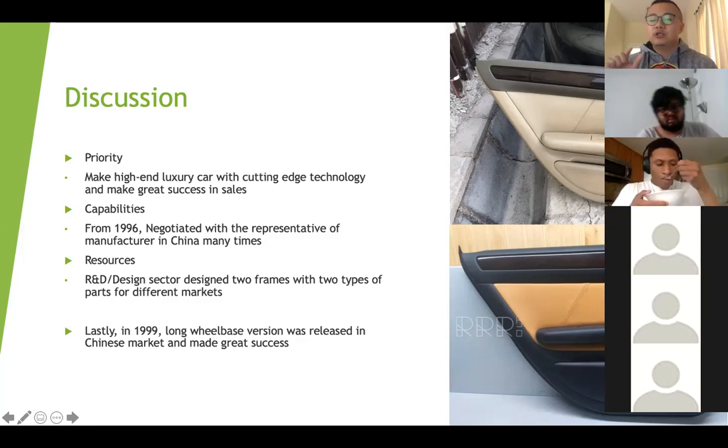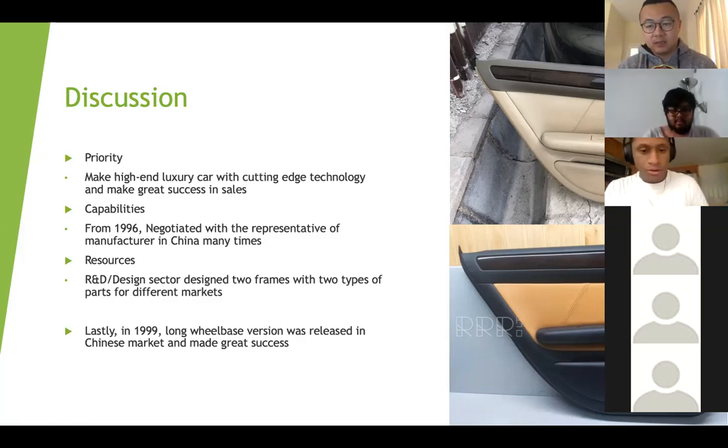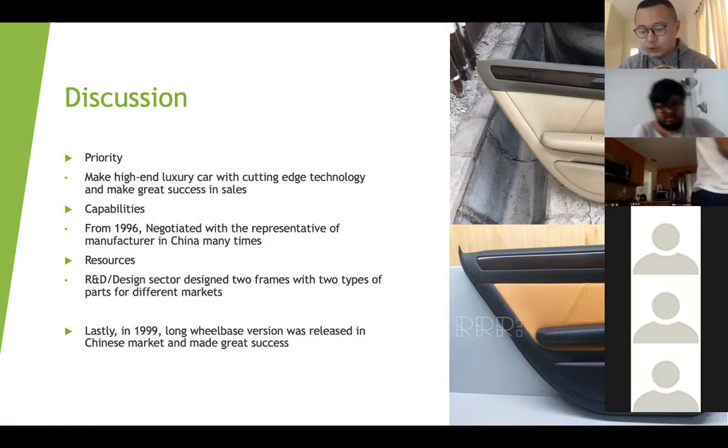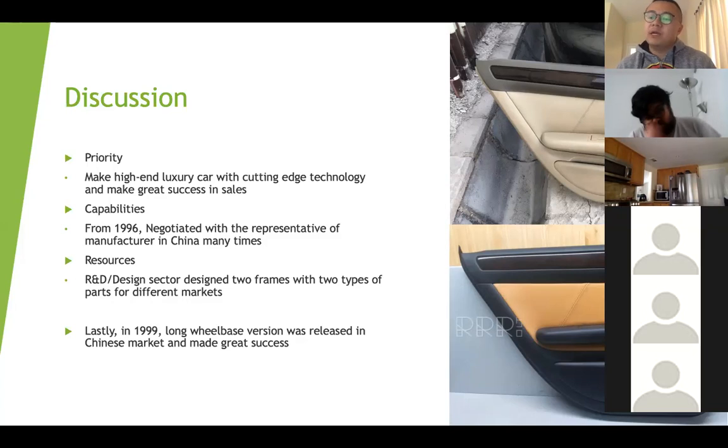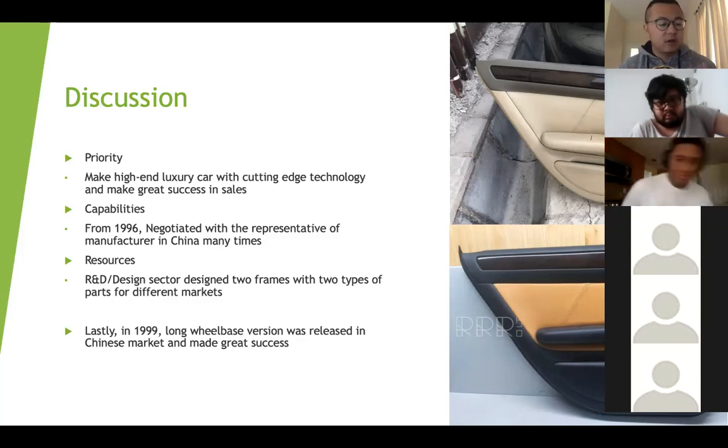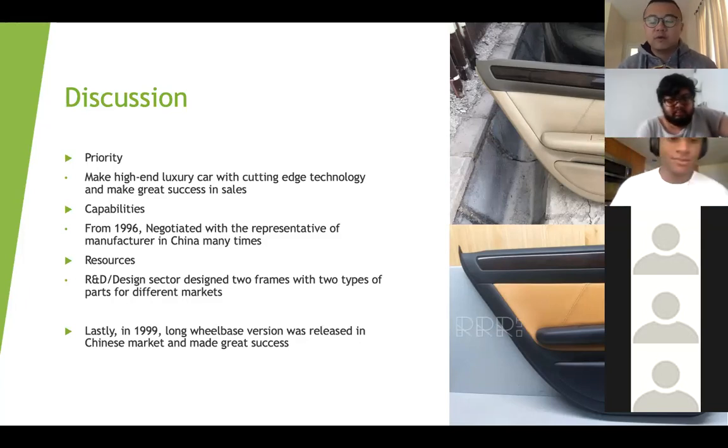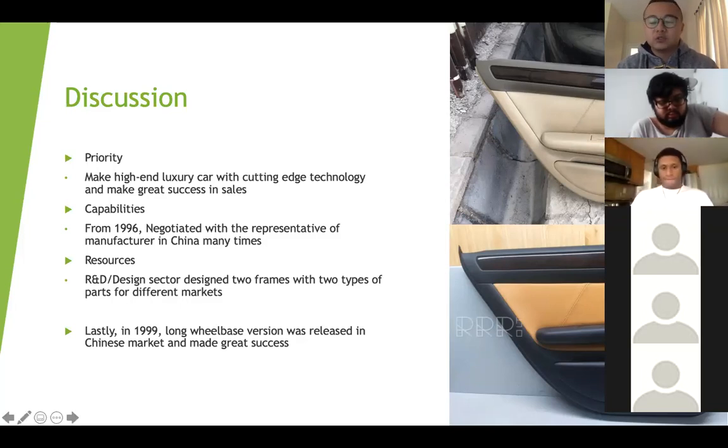Just 9 centimeters needs so many resources. I think many small companies cannot do this. Even some big companies, if they don't want to make two versions, don't need to, and don't have the resources to do two vehicles.